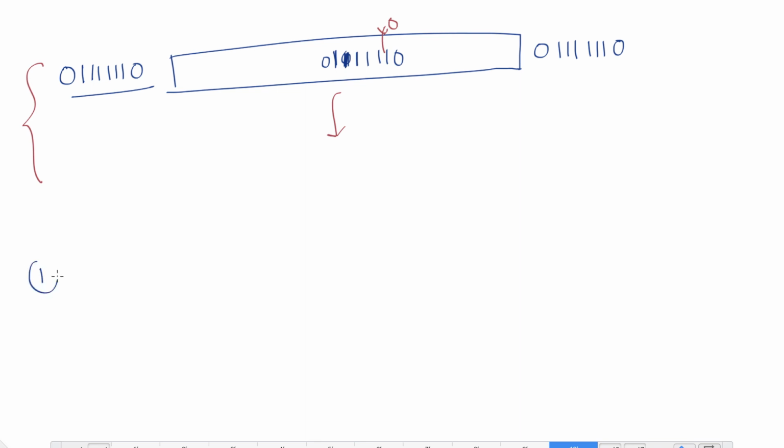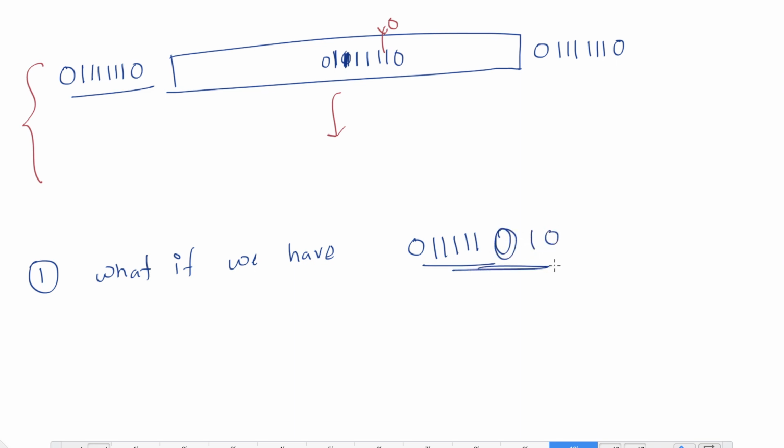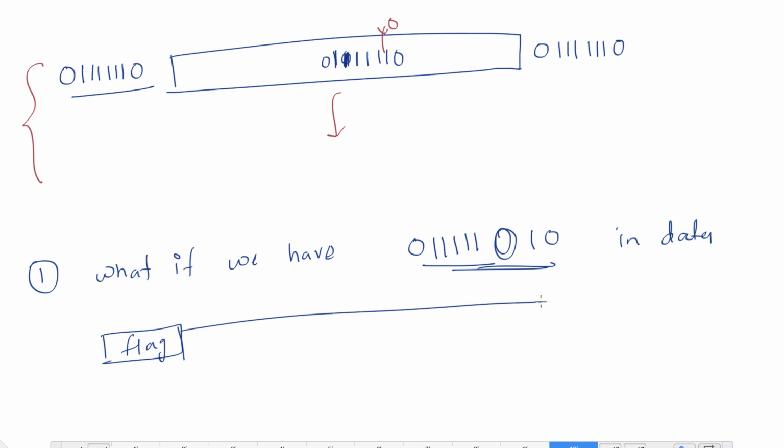But what if we have this as data, 1 2 3 4 5, and then we already have the 0 in the data? Then if we send it as it is, which means we append this flag at the start and then the data, which is containing this 0 1 2 3 4 5 0 1 0, and then the flag.